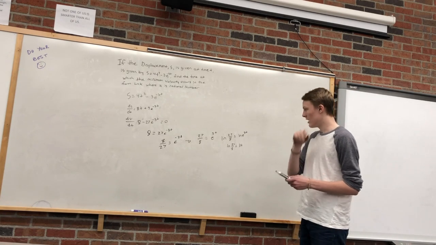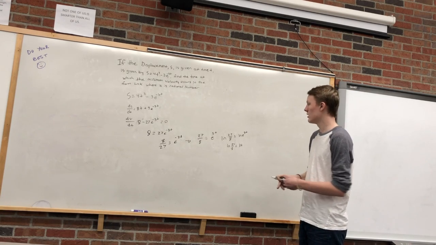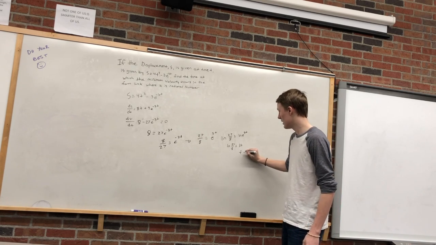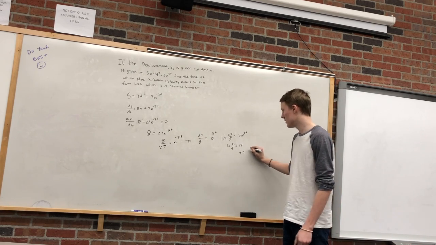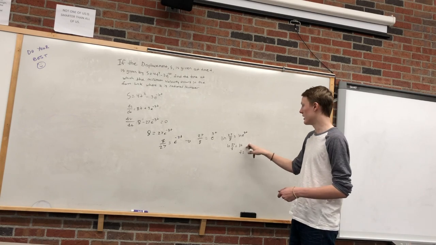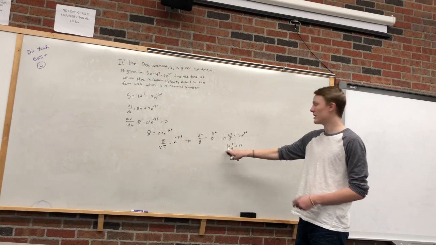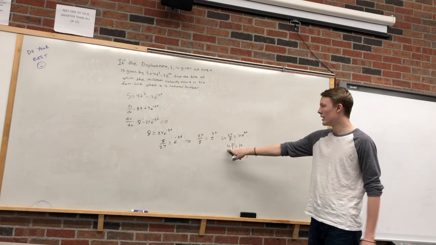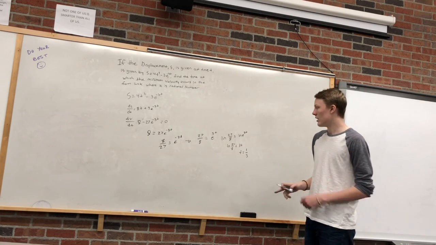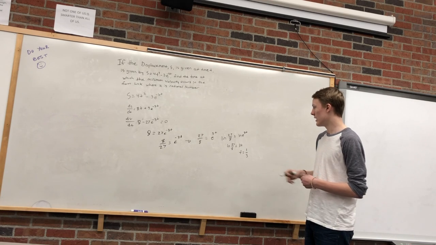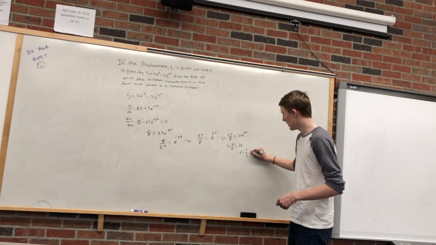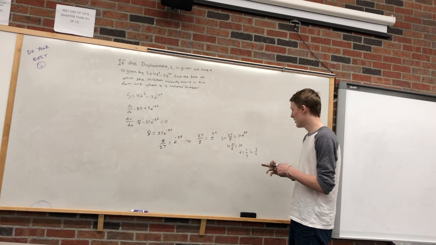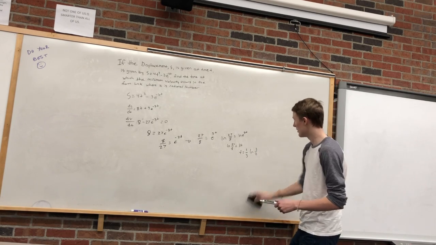And then we can take this and go t is equal to, we divide it by 3, so you can multiply this by 1/3. Oh shoot, sorry, I messed up.